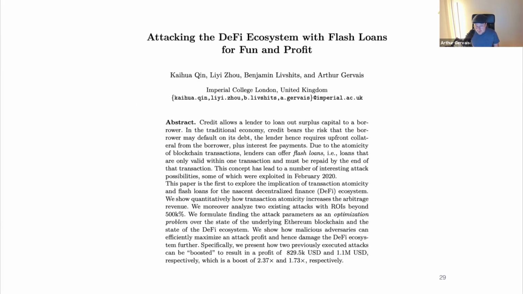So I invite you to check out the full details in our paper, which outlines the core of this particular attack. And then you will see that the second attack, we were able to boost the revenue of the adversary by a factor of roughly 1.73, while the first attack was possible to be boosted by a factor of 2.37.